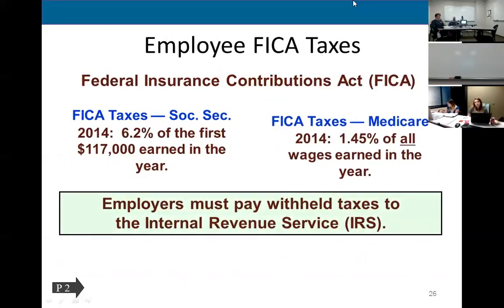FICA. So FICA taxes on Social Security and FICA taxes based on Medicare. On Social Security, it is 6.2% of the first $117,000 earned in the reporting year.